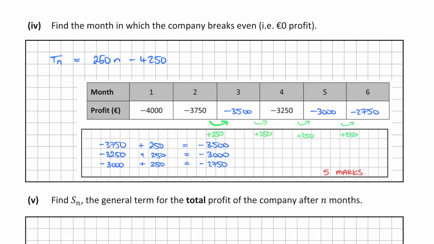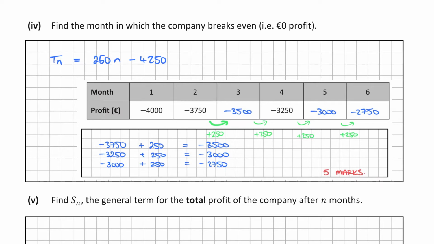And what T of n actually tells us is if I put 1 in for n, it tells me that after the first month, I'll get an answer of negative 4,000, because if I put 1 in, that turns into 250 minus 4,250, which gives you an answer of negative 4,000. If I put 2 in for n, that turns into 500.